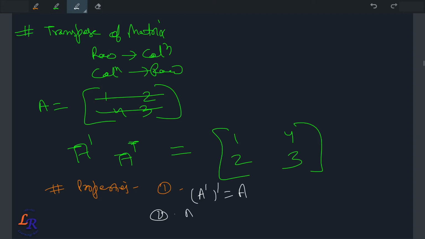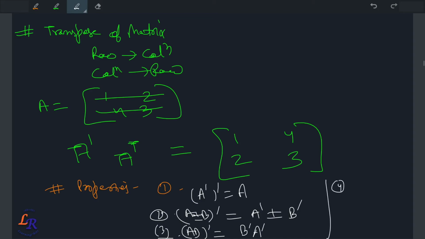Second, if two matrices are added or subtracted and you take the transpose, it will be the individual matrix transposes added or subtracted. Third, if you have a multiplication of two matrices and take the transpose, it will be commuted: B transpose comes first and A transpose at the other side. The fourth one: if a scalar is multiplied with the matrix and you take the transpose, it will be the scalar multiplied with the matrix transpose. So these are the four properties related to the transpose of a matrix.